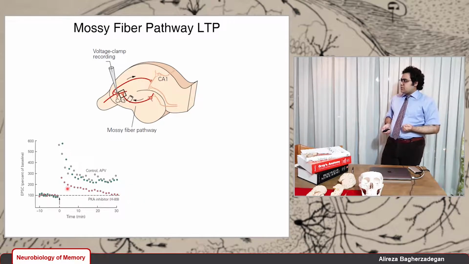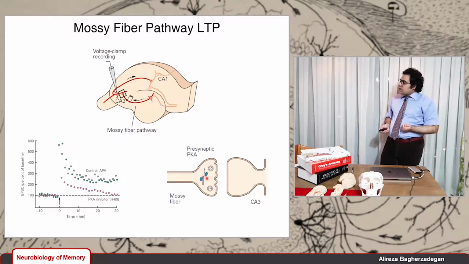Let's see what happens when we actually do that. When we apply a protein kinase A inhibitor, it inhibits the protein kinase A in the presynaptic cell. And that's why we don't have any LTP when we inhibit protein kinase A. Why do you think that? What's the role of protein kinase A?